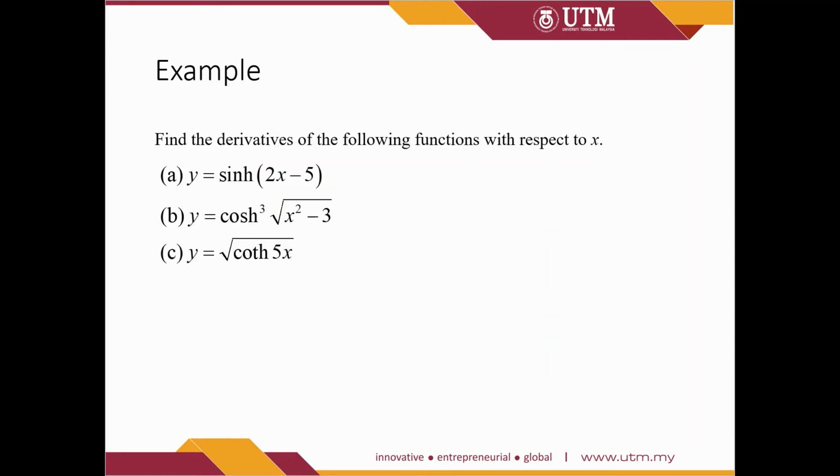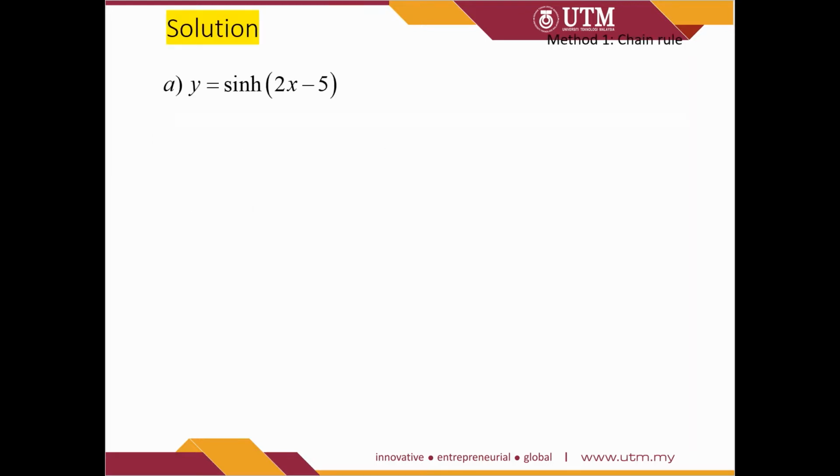So now let us proceed to this example: find the derivative of the following functions with respect to x. Basically, in order to solve the derivative of a function, it's all the same. It depends on the function, it depends on the equation itself.